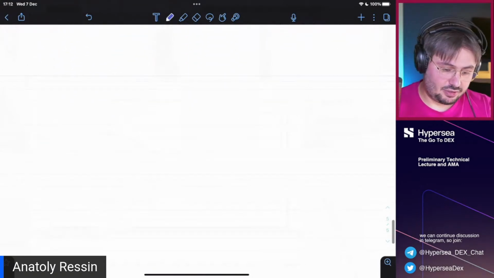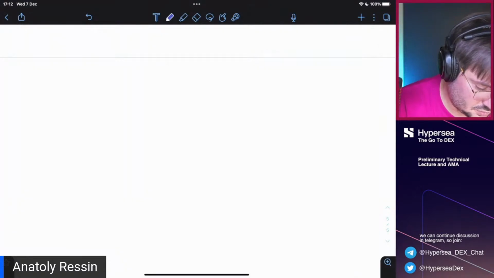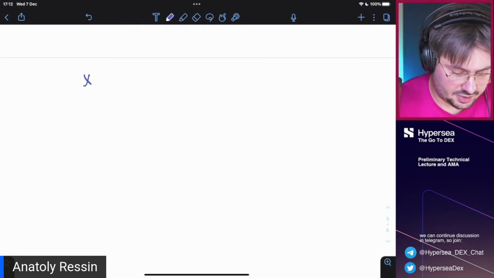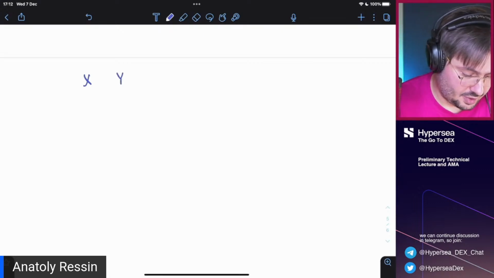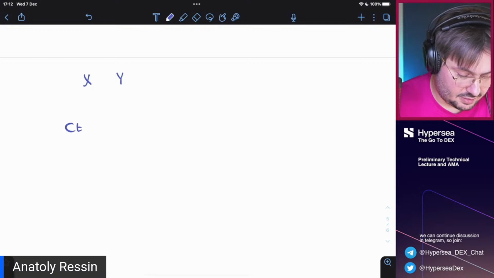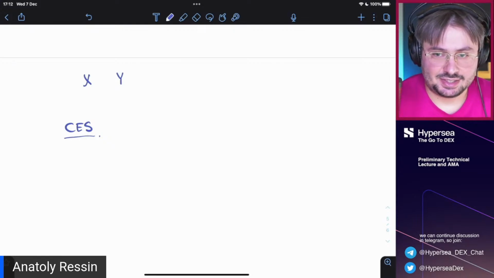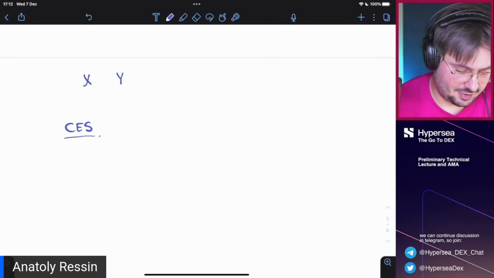If you have two products, for example, one product is X and the other is Y, then there is a special function that is called CES, Constant Elasticity of Substitution utility function.